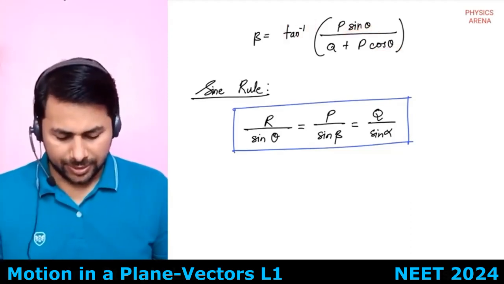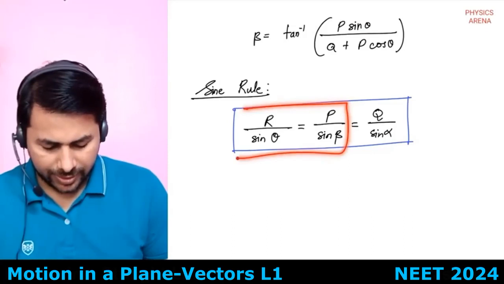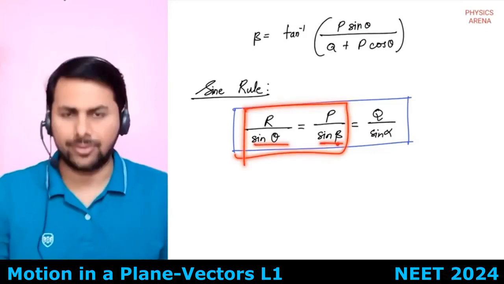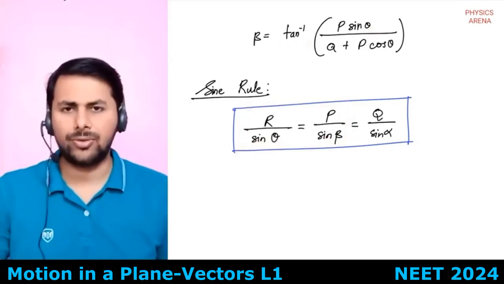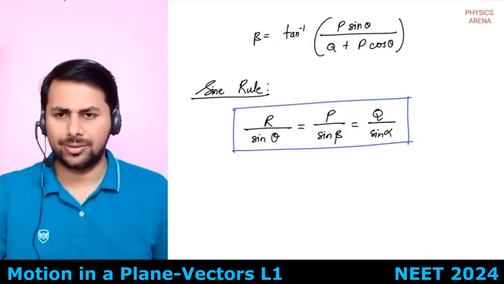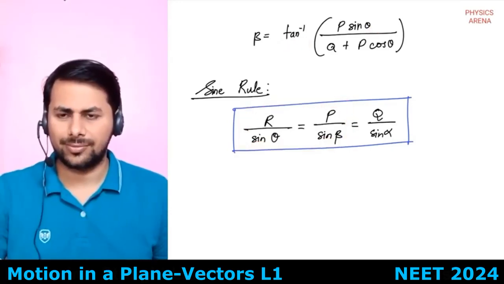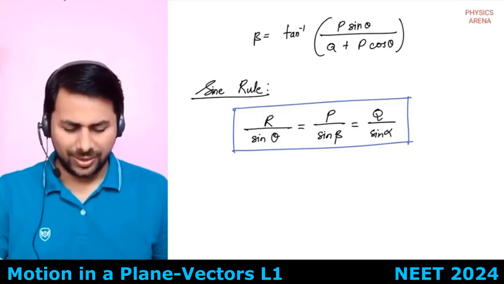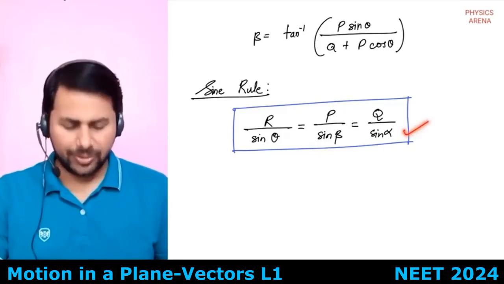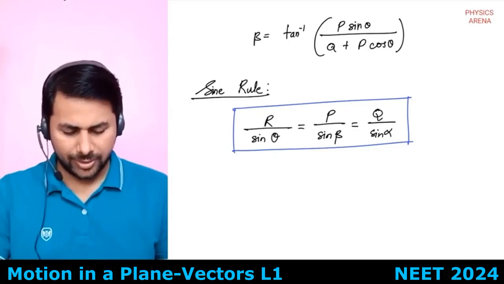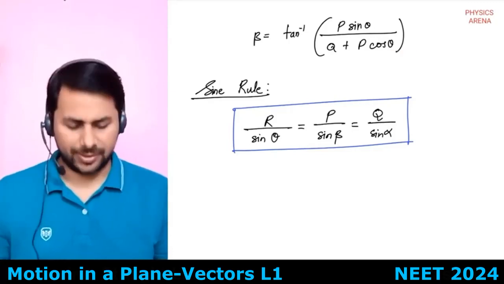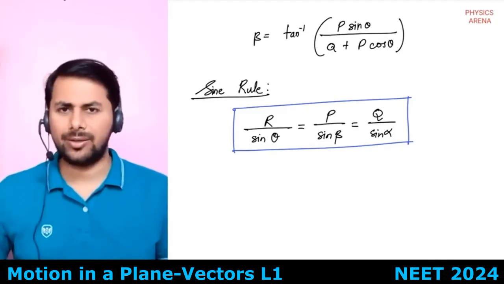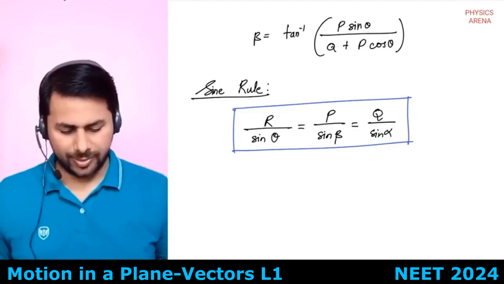In this one you have to see sine and sine only. So here there are 3 operations, here there are 2 operations. In some examples this one will be useful, in some that one, depending upon the cases. But we need to remember both of them.